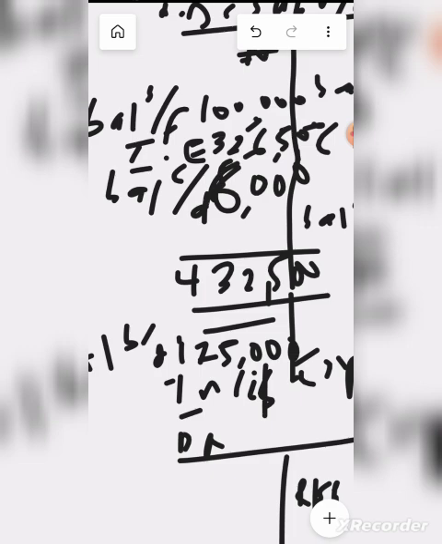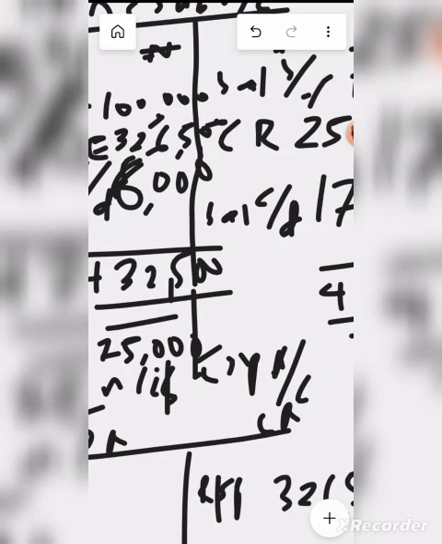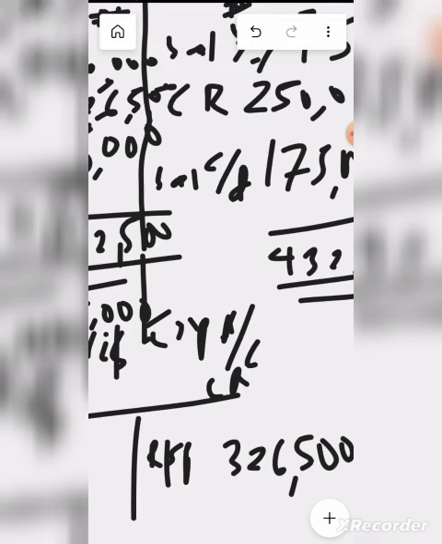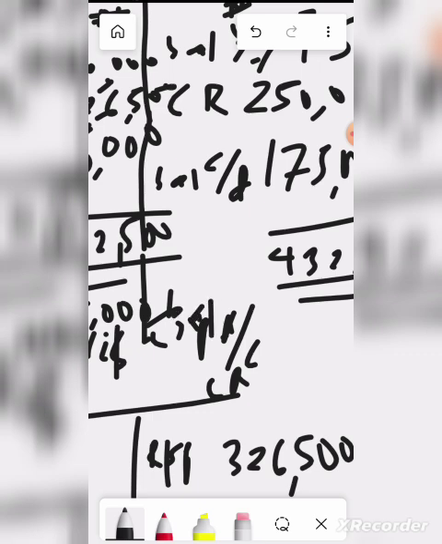Okay, this will now be the balance brought down, brought forward on the credit side. Okay, so we're going to post that here as balance brought forward. That'll be balance brought down. That is 6,000.